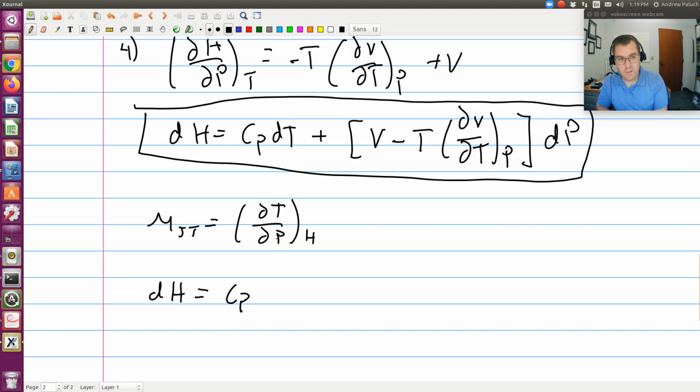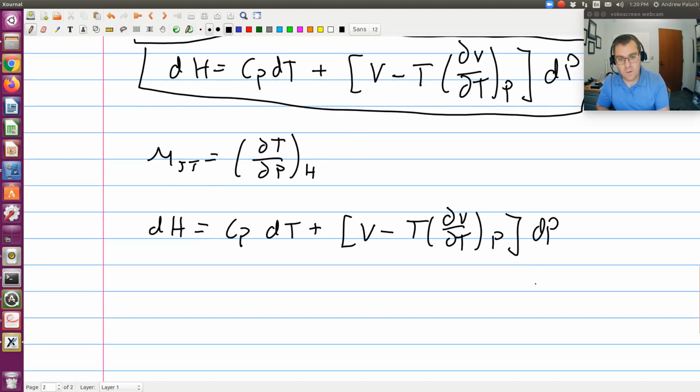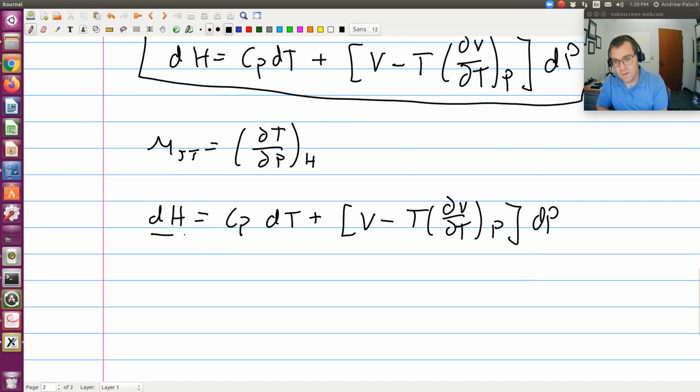We're going to divide the differentials by dP, and then we're going to hold H constant. I can only differentiate with respect to one variable at a time, so I need to hold the second constant. Here I'm going to hold H constant.